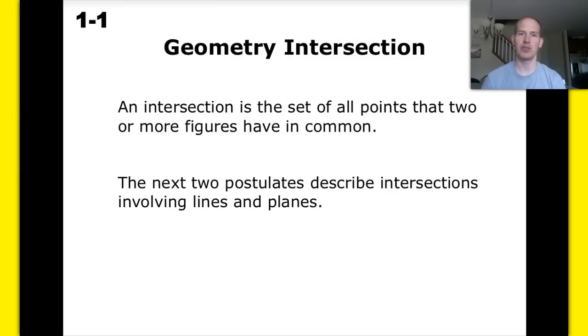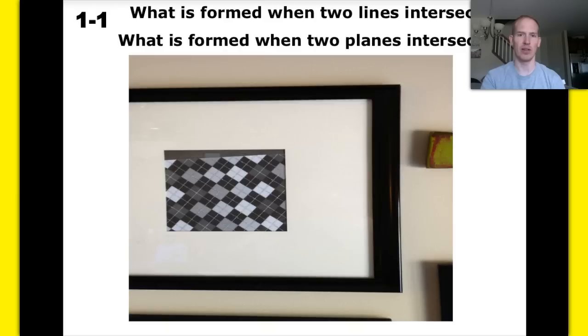A geometry intersection then, an intersection is the set of all points that two or more figures have in common. The next two postulates describe intersections involving lines and planes. But first, I got a nice little video here. What is formed when two lines intersect?